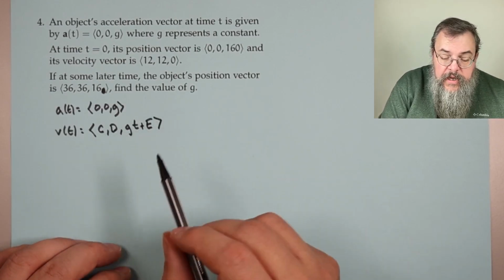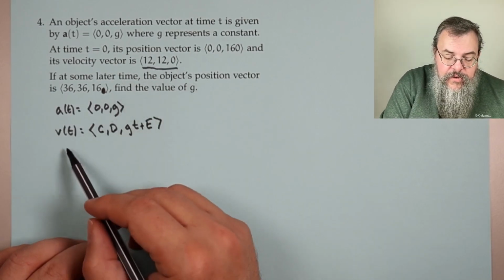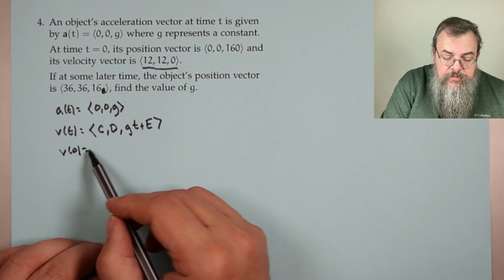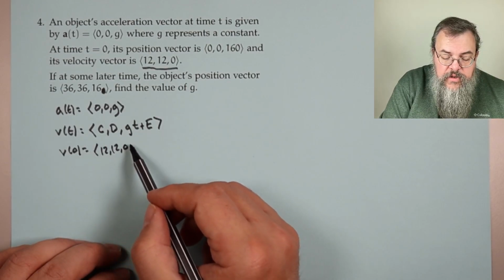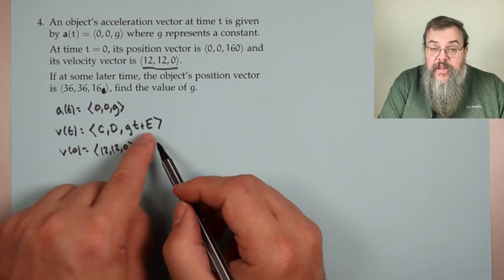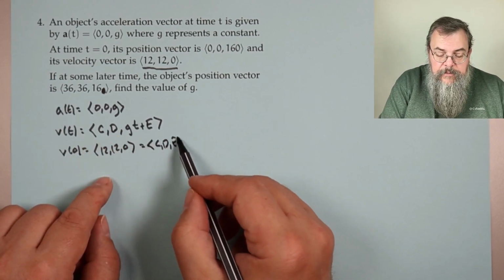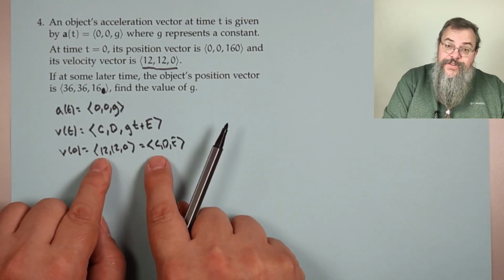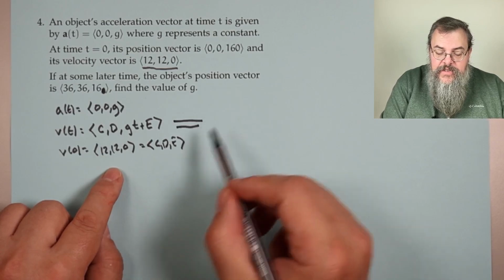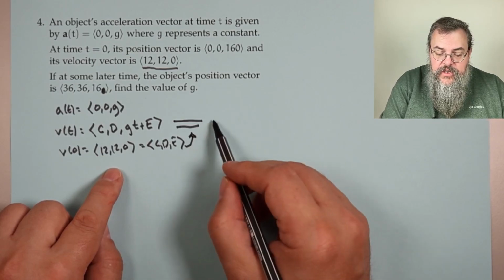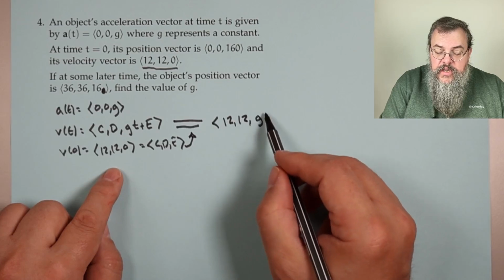But we have our velocity vector at time 0. So v of 0 is equal to 12, 12, 0. If we plug in t equals 0 into this expression, we get c, d, e. That tells us c is 12, d is 12, e is 0. So our velocity becomes 12, 12, and g times t.